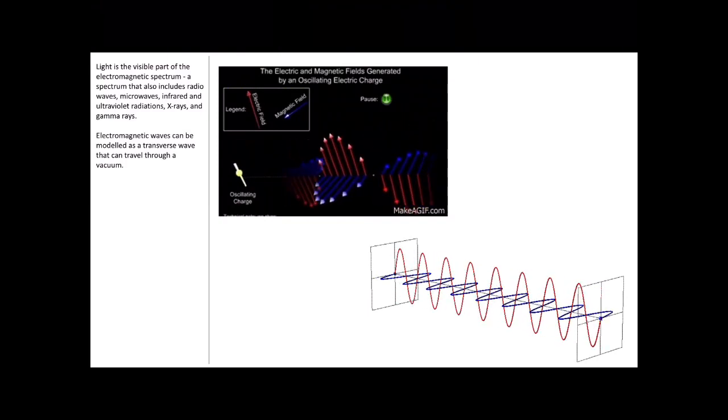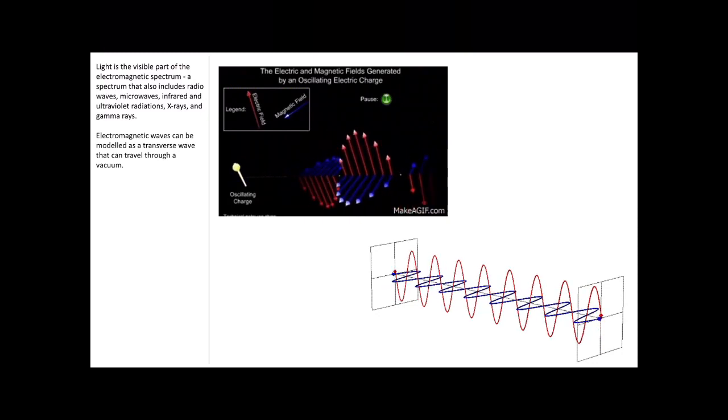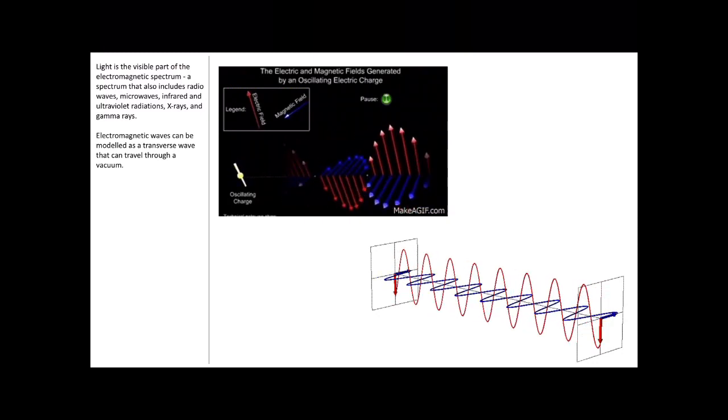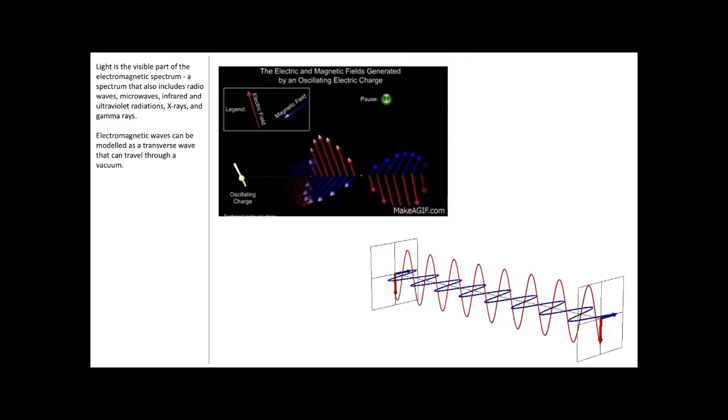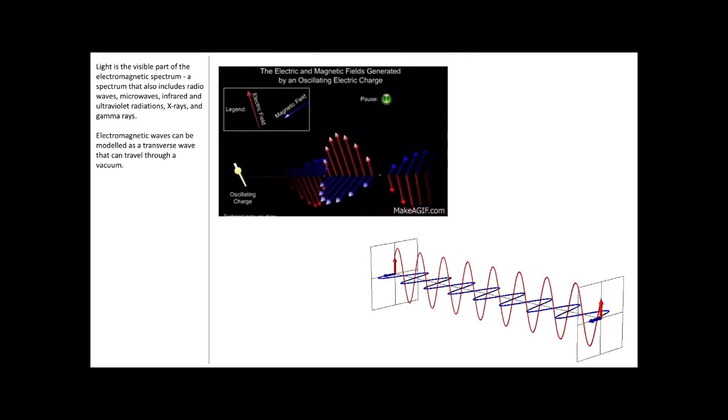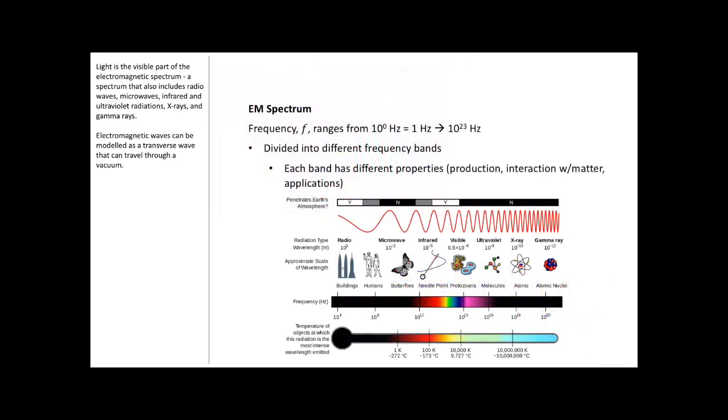The top GIF shows an oscillating charge, and it's this oscillating charge that produces the electric field, which in turn produces the magnetic field, and you'll look a little bit more at that in stage 2 physics. Essentially a changing electric field produces a changing magnetic field and vice versa. That's how the waves propagate, but we'll look more at that next year.